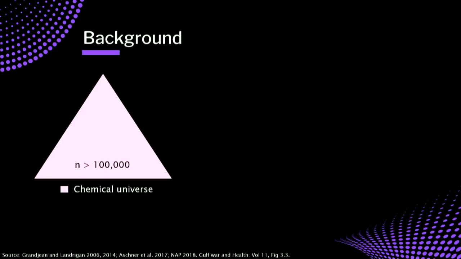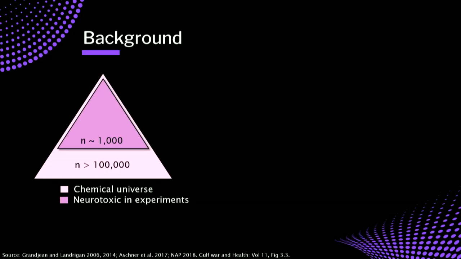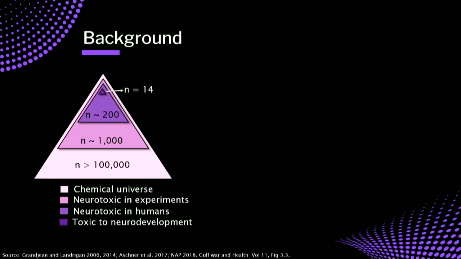To illustrate this, we have more than 100,000 chemicals in the world. From these, we have only identified 1,000 as neurotoxic, and from those, we know that around 200 are neurotoxic for humans, and only 14 we have identified as toxic to neurodevelopment.